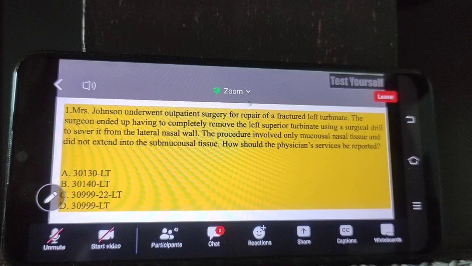When a surgeon spends extra time or work, you should consider modifier 22. But there is no documentation to support increased procedural service. So that's why 30999 is the correct answer.